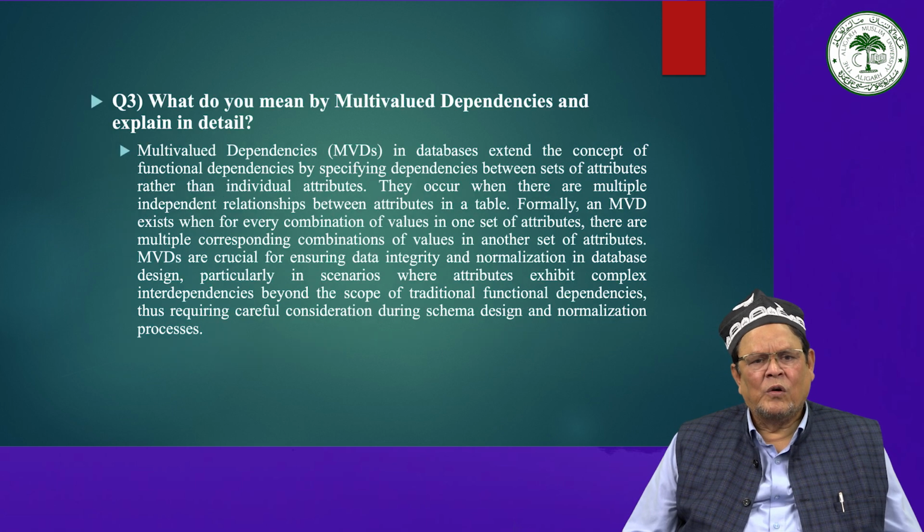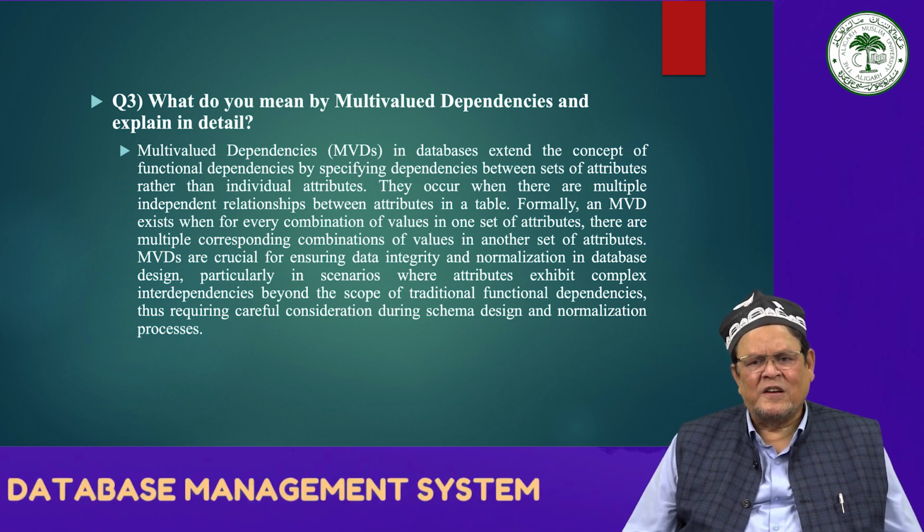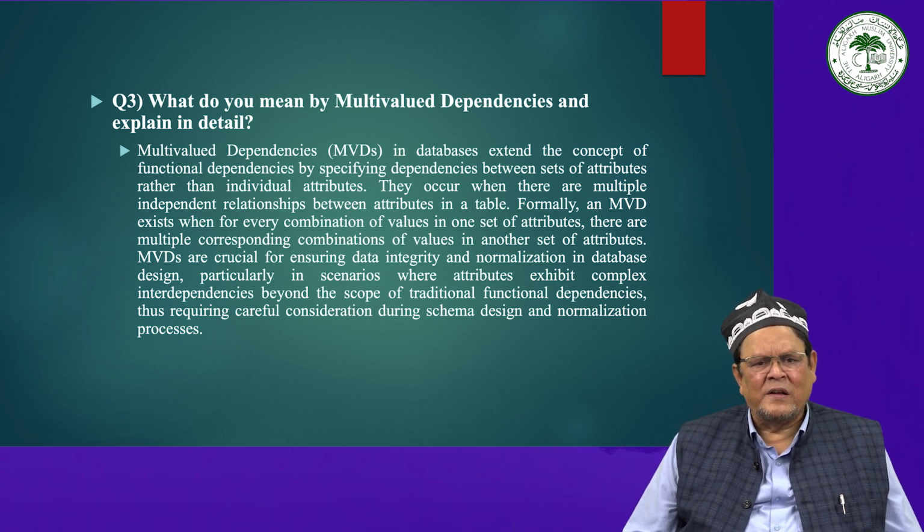The third question was, what do you mean by multi-value dependencies, and explain in details? The answer is, multi-value dependencies in database extend the concept of functional dependencies by specifying dependencies between sets of attributes rather than individual attributes. They occur when there are multiple independent relationships between attributes in a table. Formally, a multi-value dependency exists when for every combination of values in one set of attributes, there are multiple corresponding combinations of values in another set of attributes.